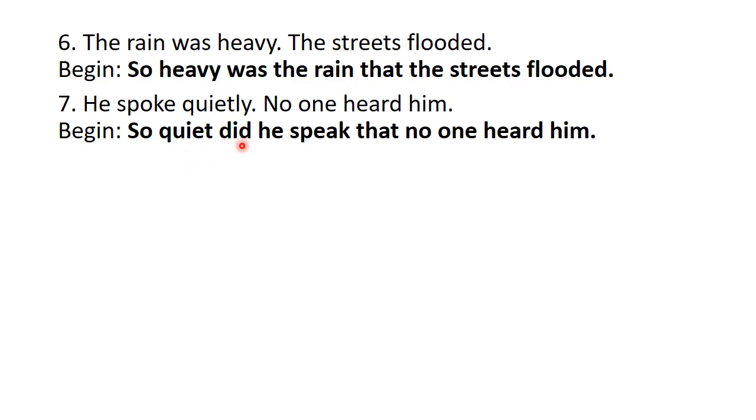For example, I can say he ran fast that he became number one. Okay, so it will be "so fast did he", because "fast" describes how the running was done.